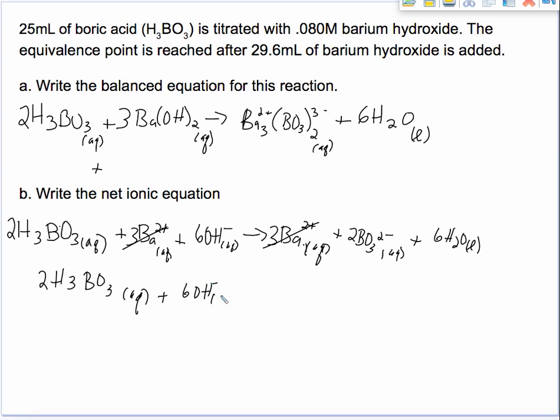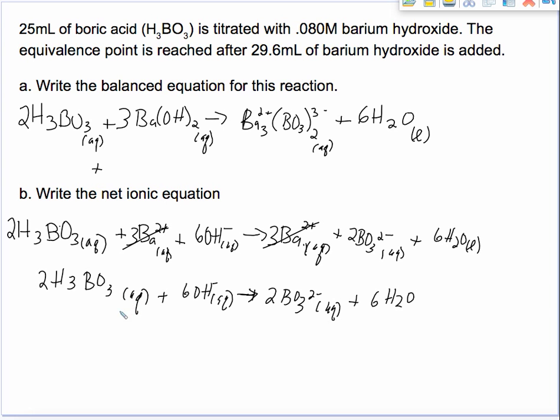All right, so you write what's left over. And 2BO3, 3 minus. Oops, that's supposed to be an arrow there. All right. Plus 6 waters. Now, after you do that, you should see to make sure everything is balanced. So we got 6 and 6 is 12 hydrogens. There's 12 there, 2 borates, 2 borates.